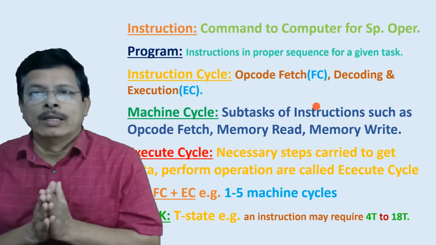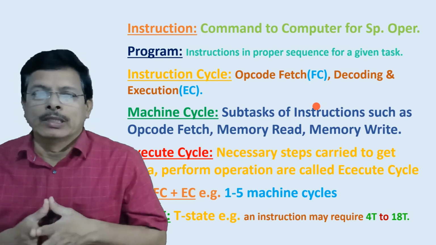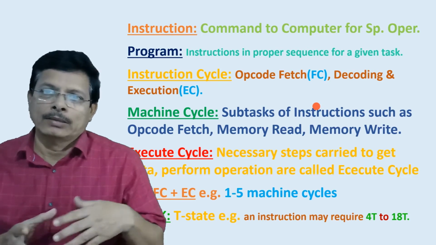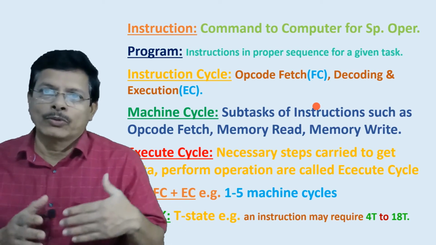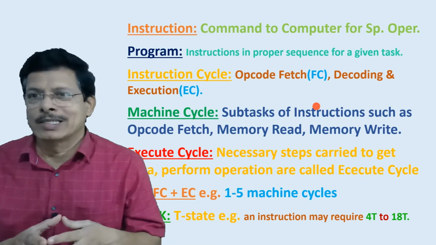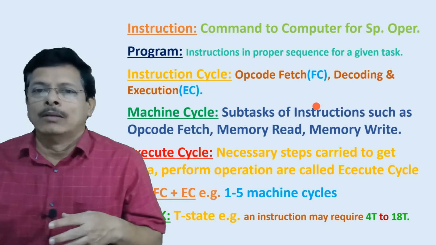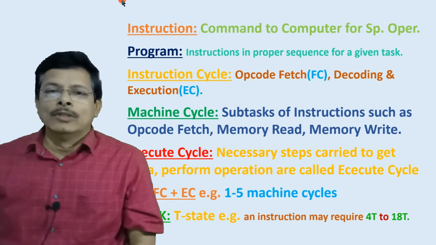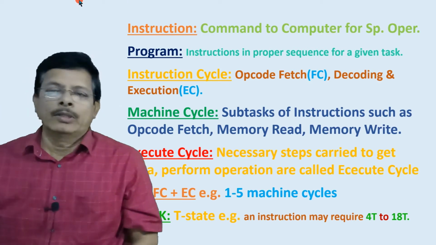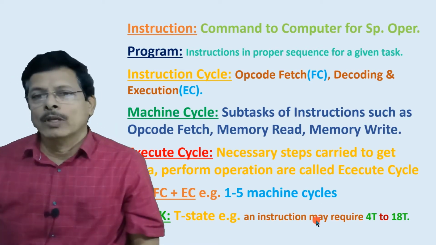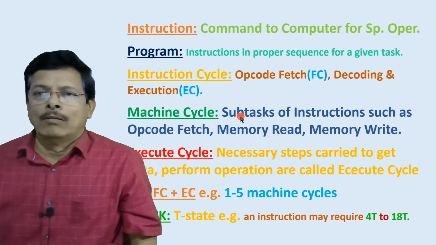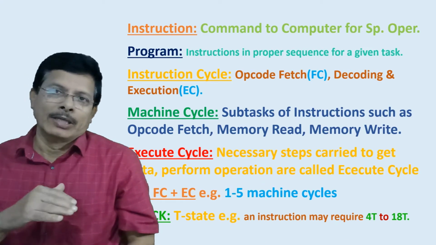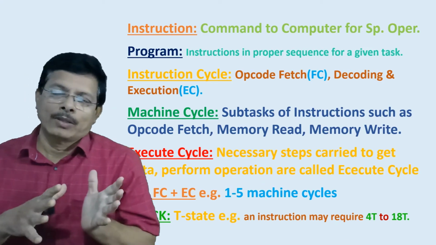An instruction is actually a command to the computer for a specific operation, and as I just said, every microprocessor has its own instruction set. Then you have to write a program to perform a particular job, a particular work. The program resides in memory, usually RAM.